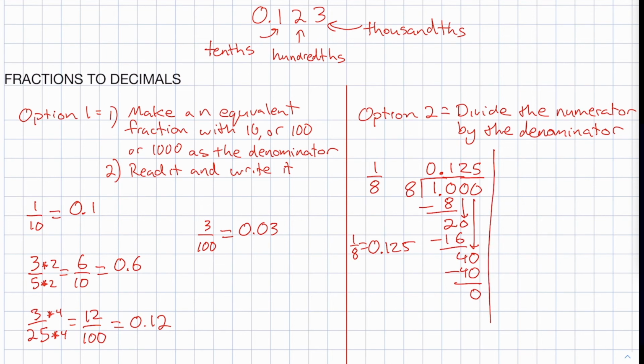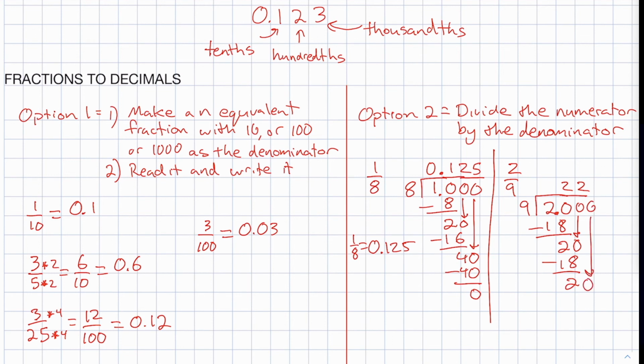You might also have a situation where, let's say I had something like 2/9. And so I would put 2 inside and I'm dividing by 9. I'm going to put my decimal point, it goes in 2 times, minus 18 gives us another 2. Bring 0 down. 2 times, minus 18 gives me another 2. Bring a 0 down.